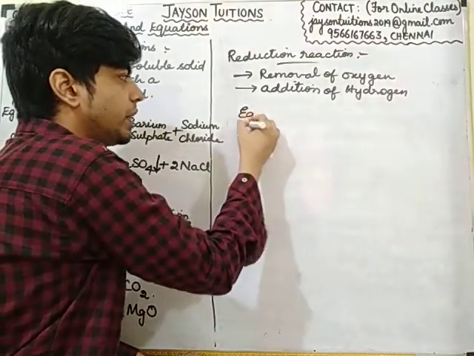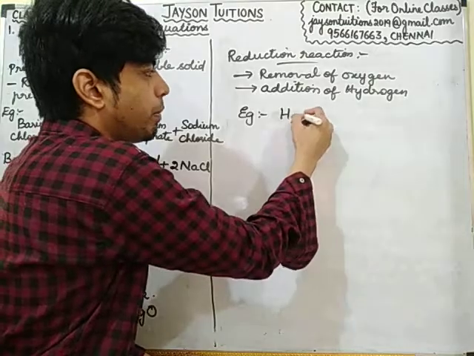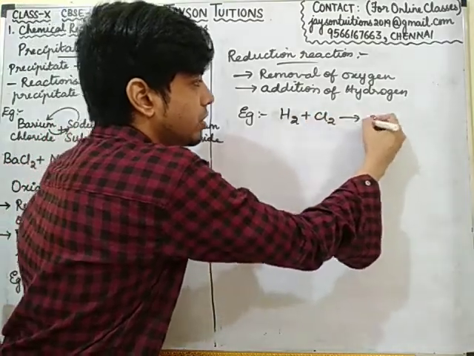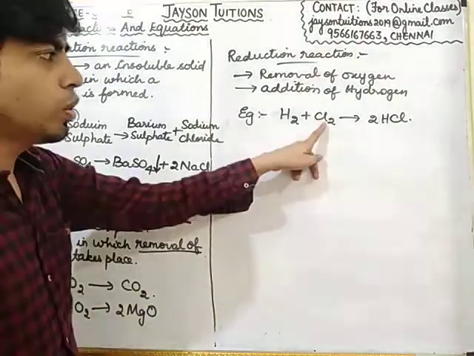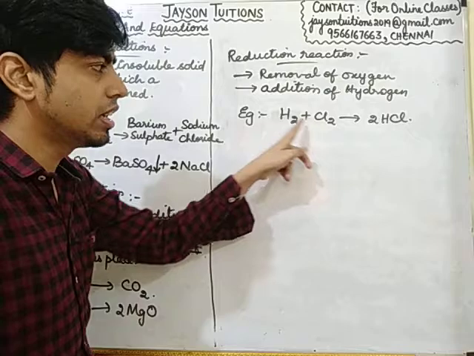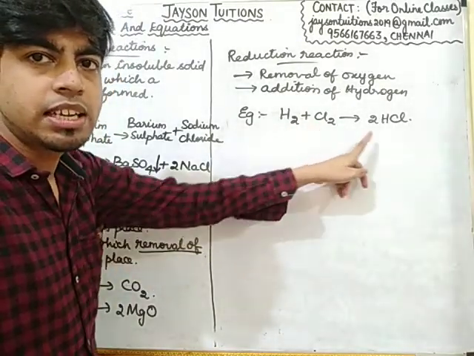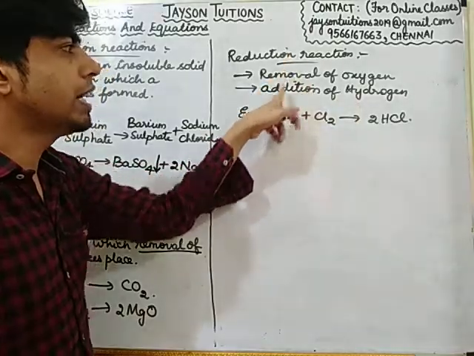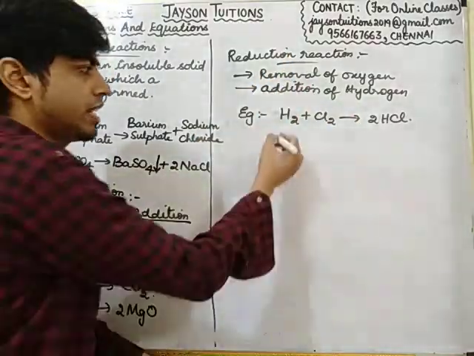For example, H2 plus Cl2 gives 2HCl. Here I am adding hydrogen to chlorine. Since I am adding hydrogen, it is an example of a reduction reaction.